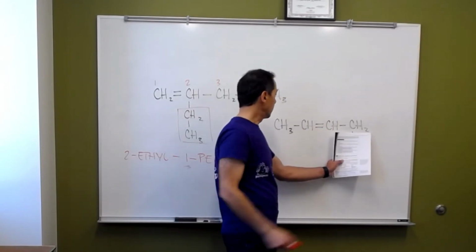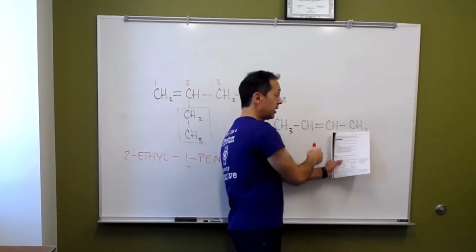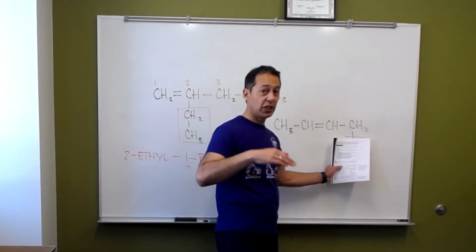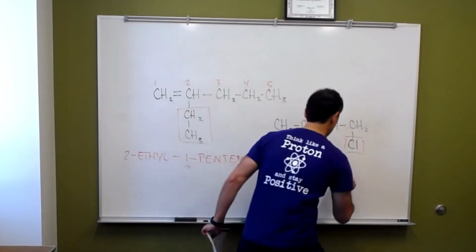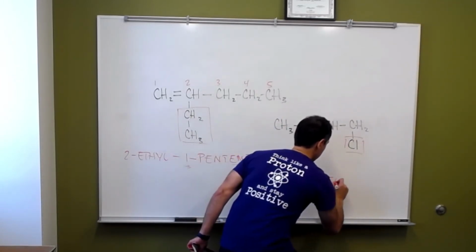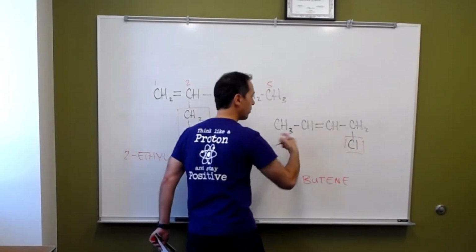All right, now, naming this, the longest carbon chain here, including the double bond, is 4 carbons, so that's butane, but we change the ending to E-N-E, so it becomes butene. Butene with the E-N-E ending, and we're going to number this now.